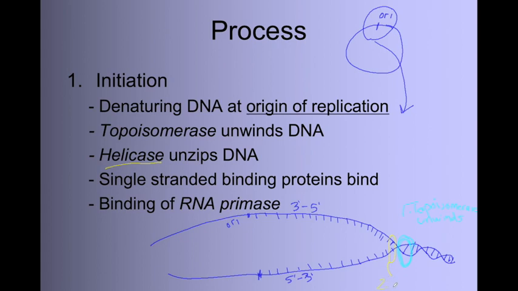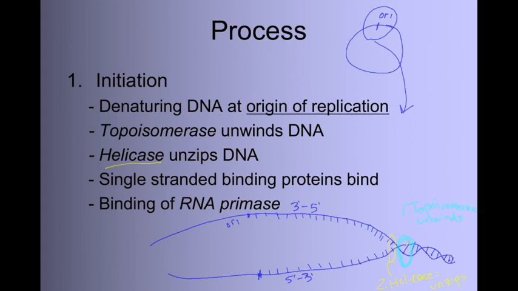So number 2 would be helicase. We just term this unzipping, but it breaks hydrogen bonds. Okay, so topoisomerase unwinds, helicase unzips.